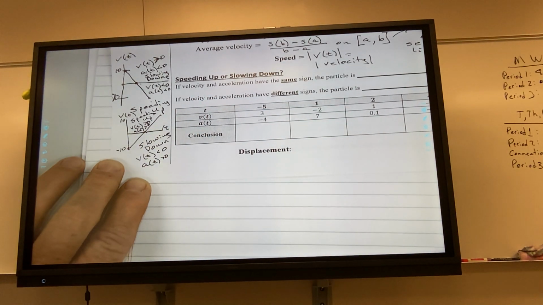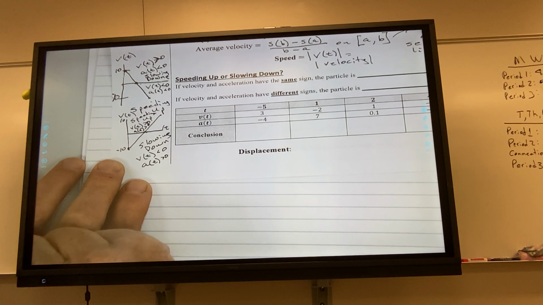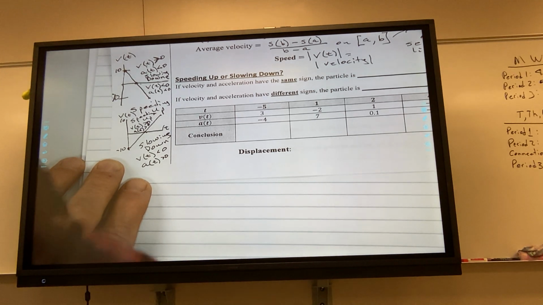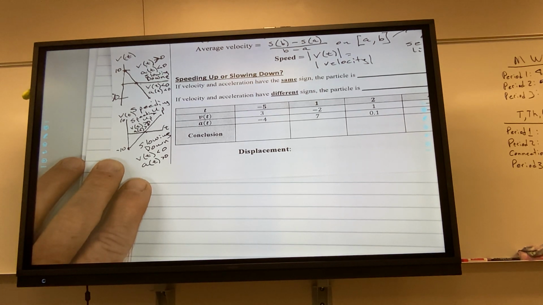Okay? You will get a question, I guarantee you, where they're going to ask you, is the object, the particle, the person, the activity slowing down or speeding up? You have to look at two things: velocity and acceleration.